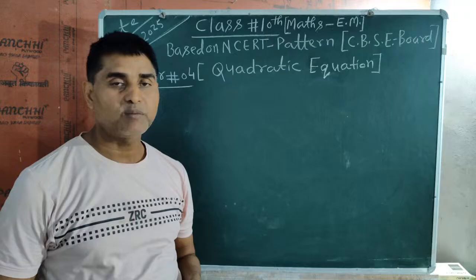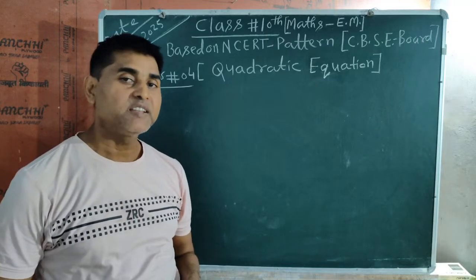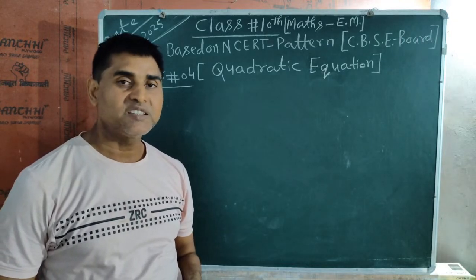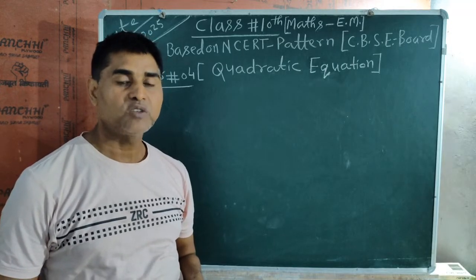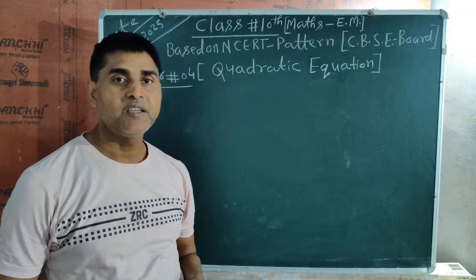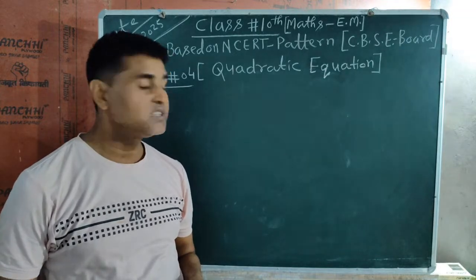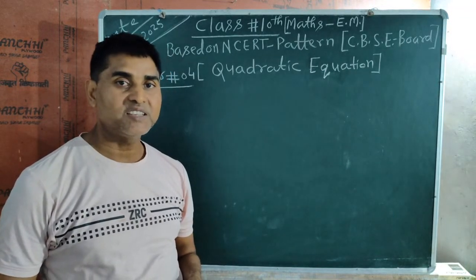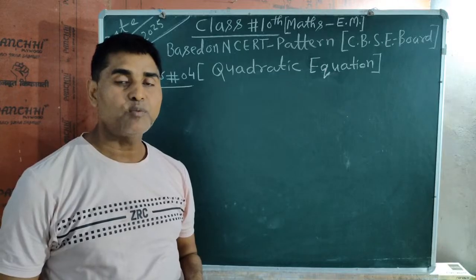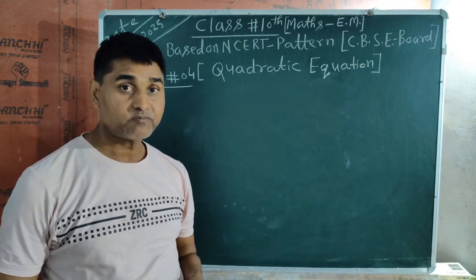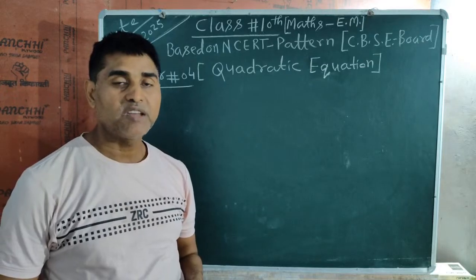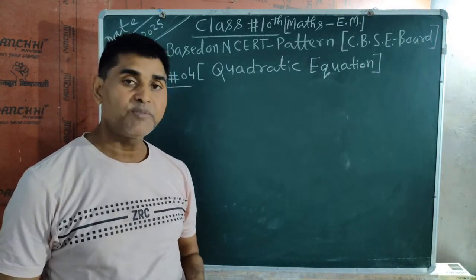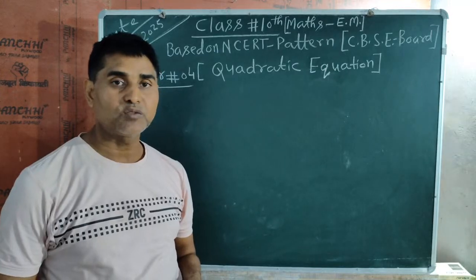Step number 2 is solution of a quadratic equation by factorization method. If any quadratic equation is given, how we have to get its roots, in other words the zeros of that quadratic equation.